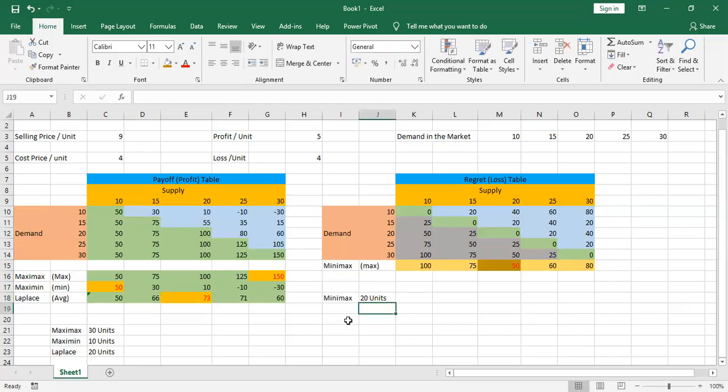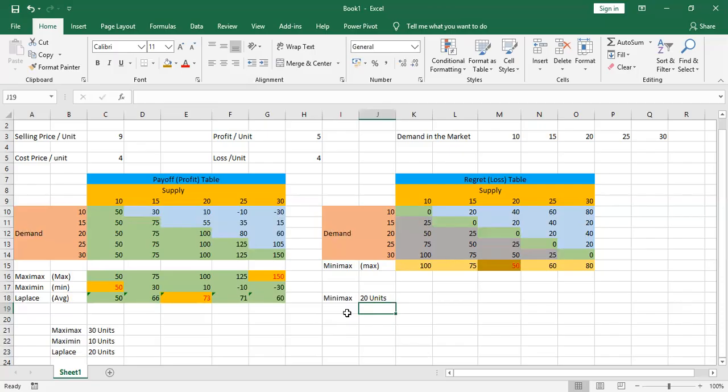These are the criteria, and it depends on the person. There are some persons who want to earn the maximum profit out of maximum profits. You just tell me the different alternatives and their maximum profits, and out of them I will choose the maximum.